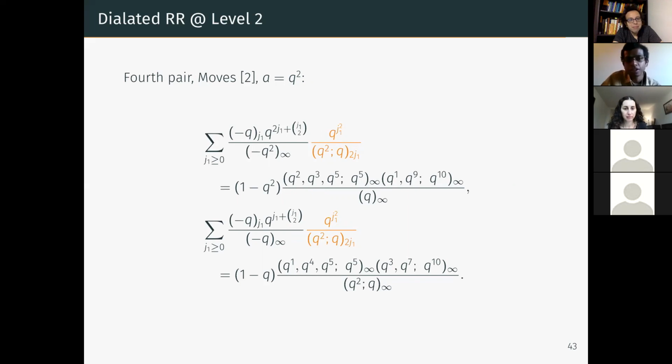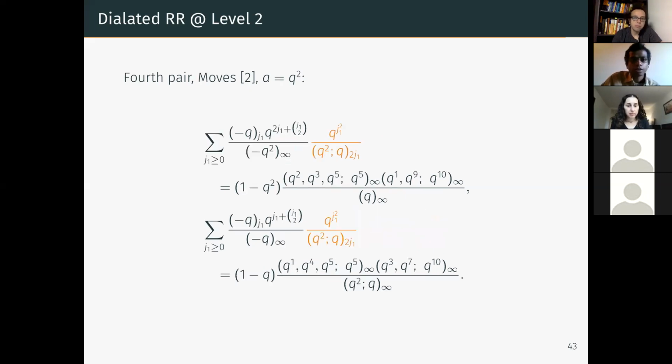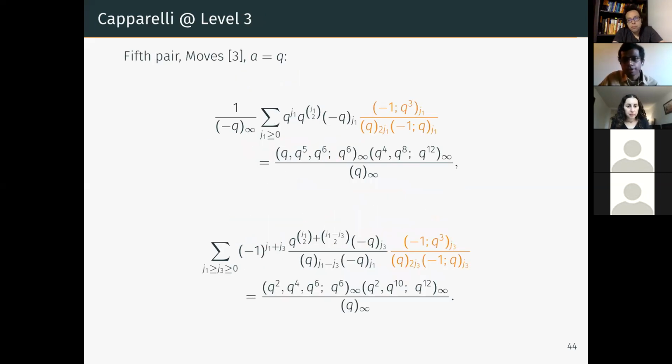If I put them one after the other, you'll probably recognize it immediately. But anyway, the second sum is definitely different, right? Because it's only one sum, but here it's a multi-sum. And the reason this is a weird J1 and J3 is because there used to be a J2 there, but you can simplify it.